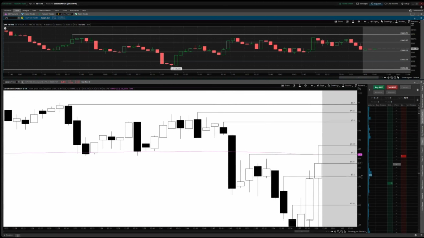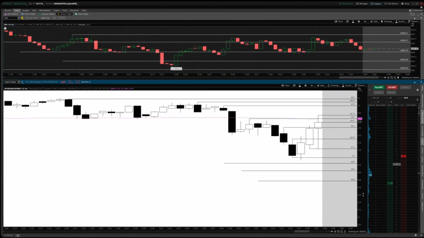But we know that towards the end, these are going to get significantly cheaper, especially as we continue further and closer to 1 o'clock.